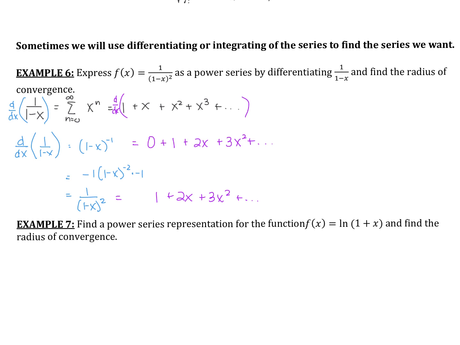Okay, so let's verify this. We took the derivative of 1 over 1 minus x, and we got 1 over 1 minus x quantity squared. We took the derivative of all the terms and got a set of terms. So doesn't it stand to reason that I could also take the derivative of just the series itself, and it should be equivalent to both of those things?